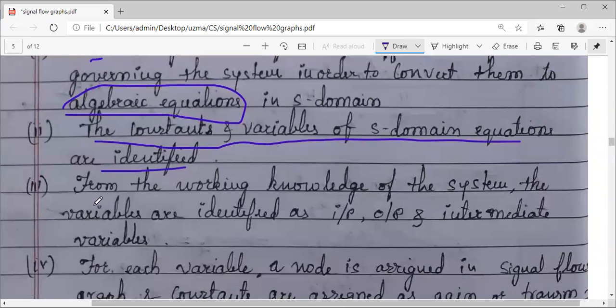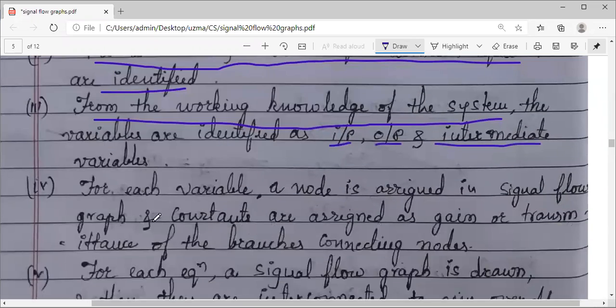Then after identifying the constants and variables, from the working knowledge of the system, we will be identifying some variables or nodes as input nodes, and some as output and some as intermediate. Okay, that you will come to know once we take the example.